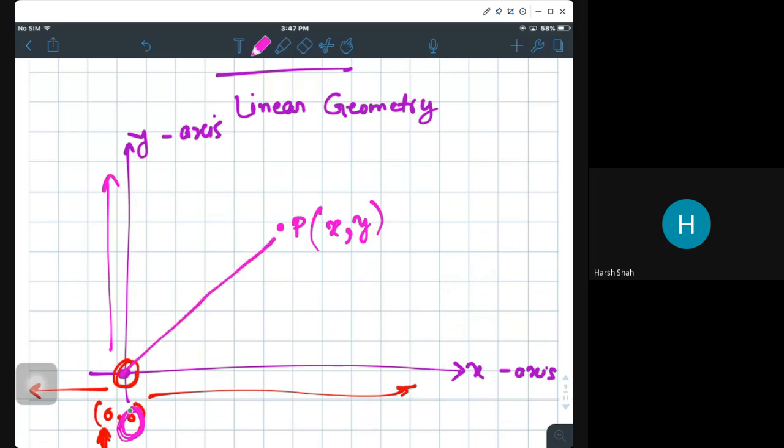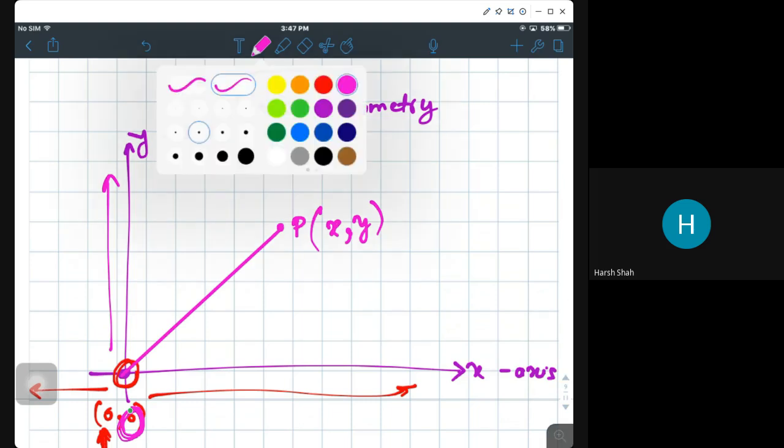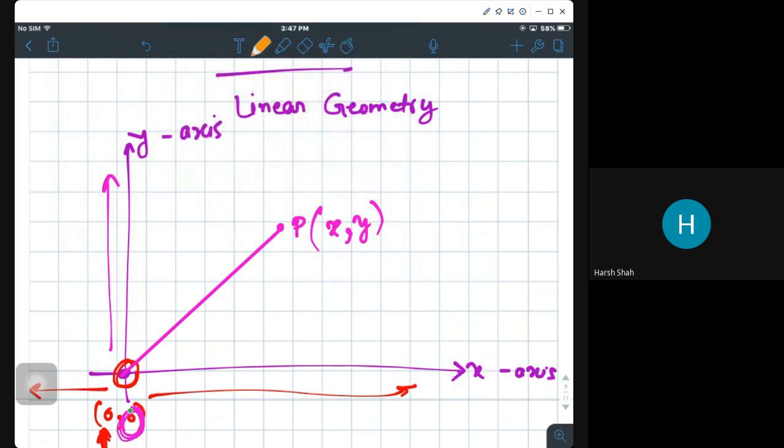Now if I want to find the distance of this point from origin, that means I want to find the distance of this line, the pink line. How will I find it? If you want to derive this formula, I can derive it. If you want it direct, okay, let me derive it first.